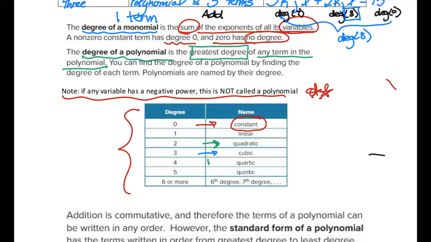If you know anything about cooking, there are 4 quarts in a gallon.